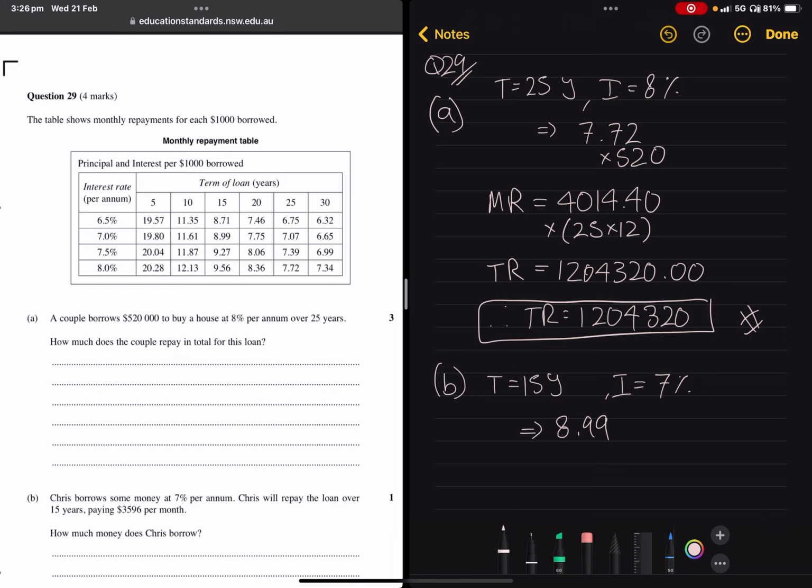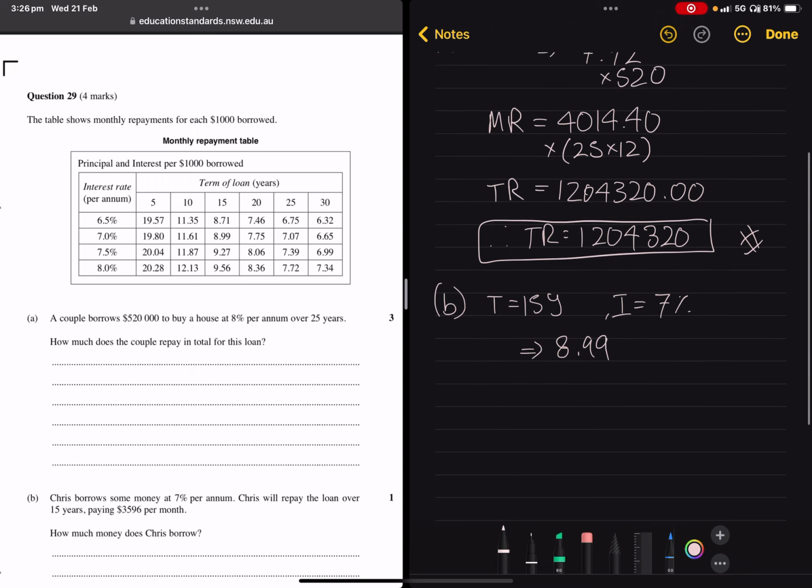This is how much you would repay per month if you borrowed $1,000 for this period. Now he repays 3,596. So we need to find how many lots of 8.99 are in 3,596. So we get 3,596 divided by 8.99.